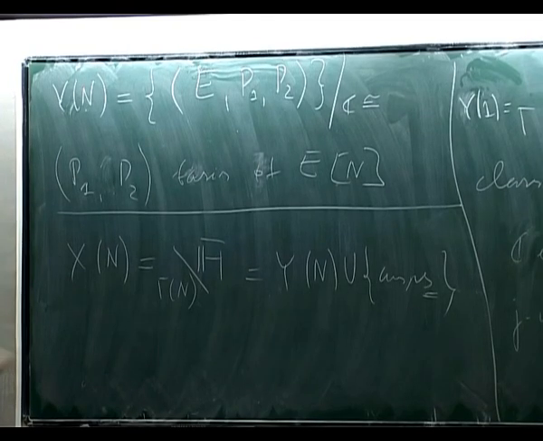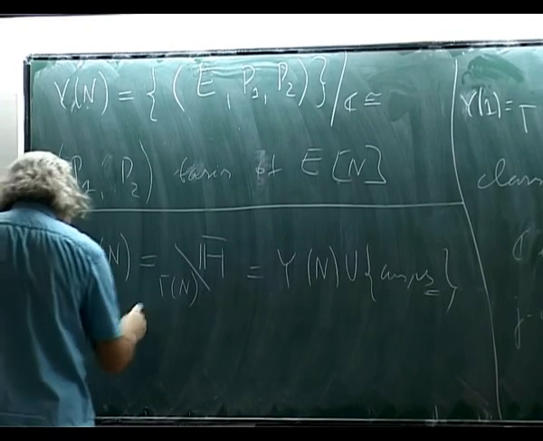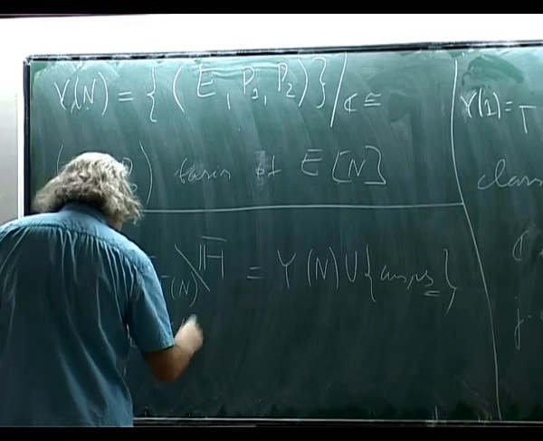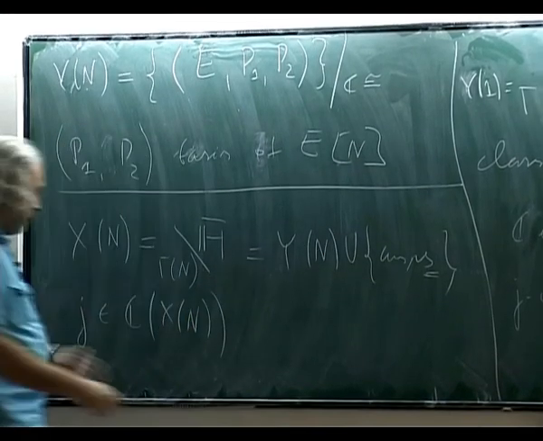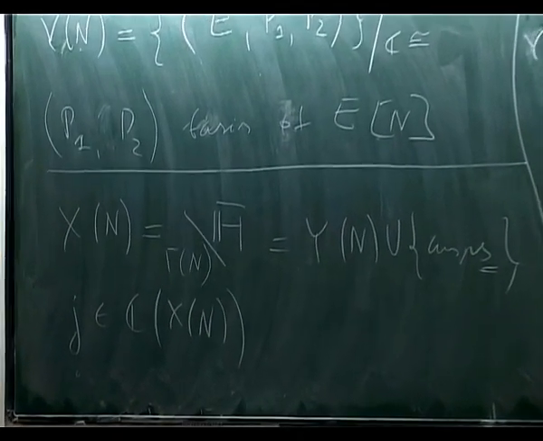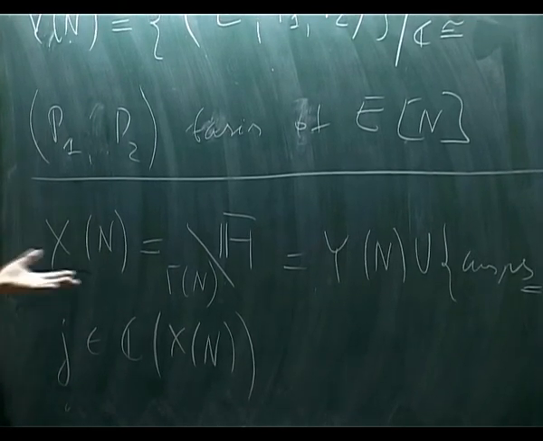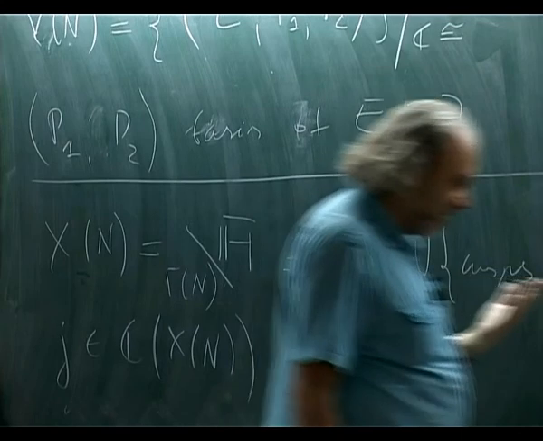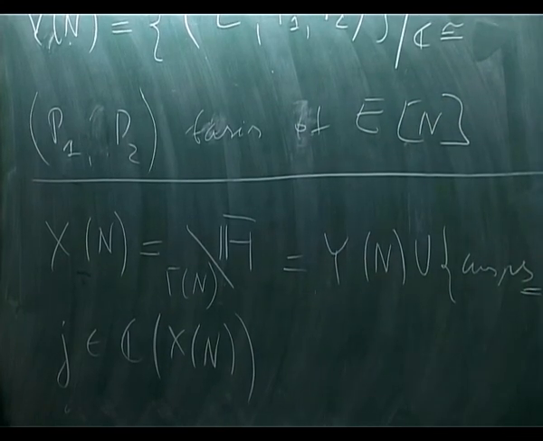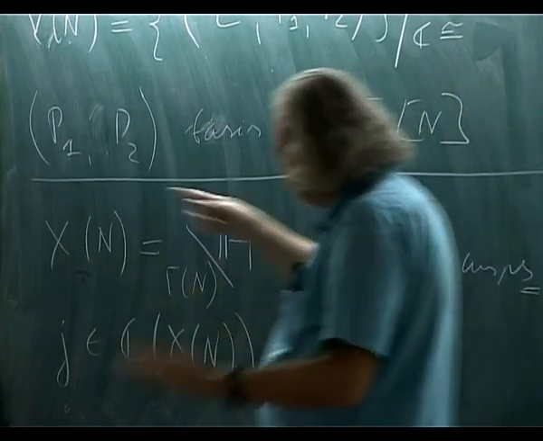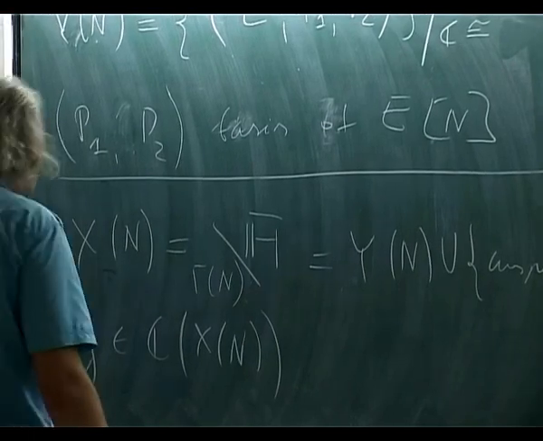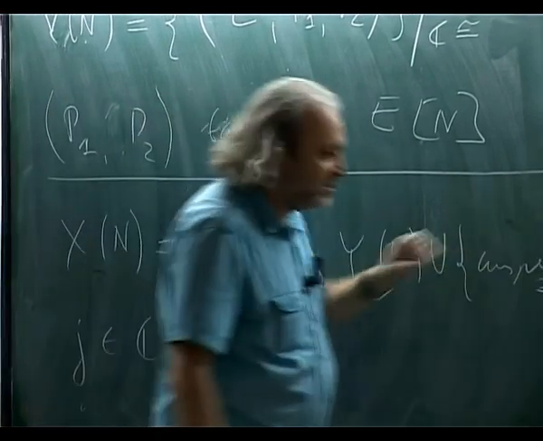And again, we have j as a rational function here. Now, this is a compact Riemann surface, and as such, it is again an algebraic curve, and j is a rational function on this algebraic curve. But now the poles of j are all the cusps.